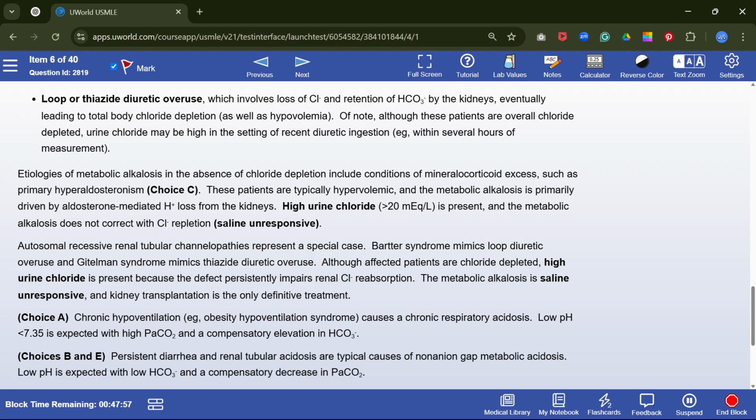Sodium is reabsorbed and chloride follows the sodium to neutralize that. That's why sodium is reabsorbed and chloride is excreted. So electroneutrality is maintained. Got it? Chloride is being excreted.